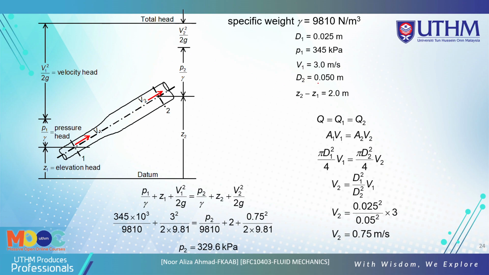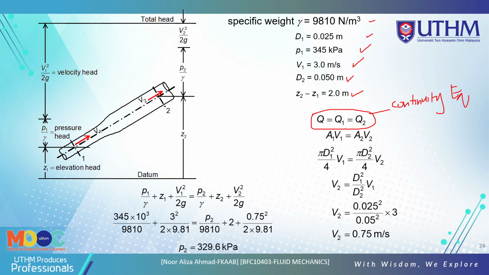Diameter 2 is 0.050 meter, and Z2 minus Z1 is the elevation, which is 2 meter. So this is all the data given in the text. Now you must use the continuity equation.